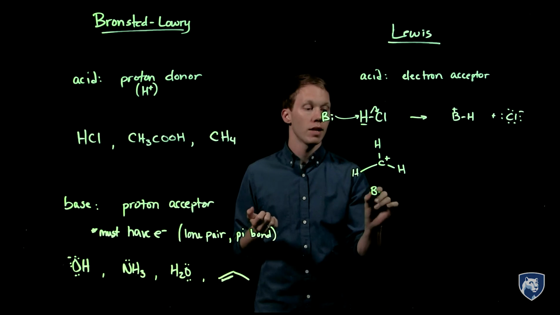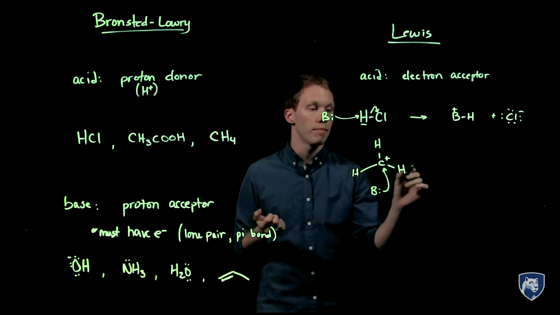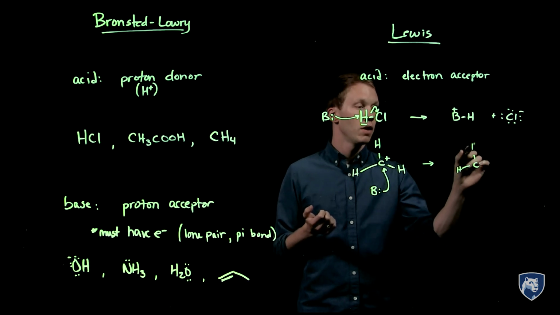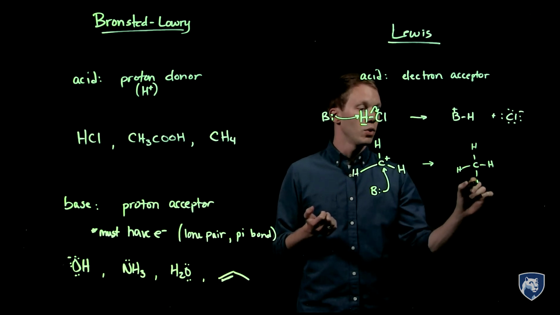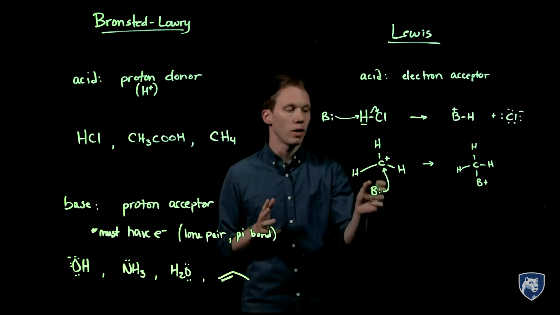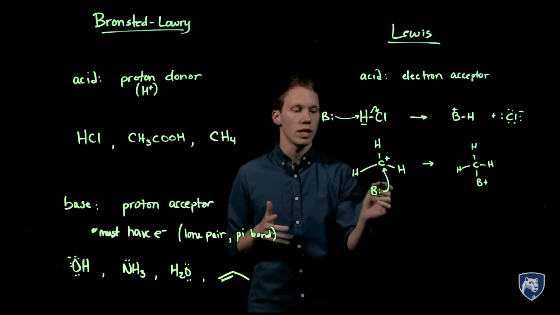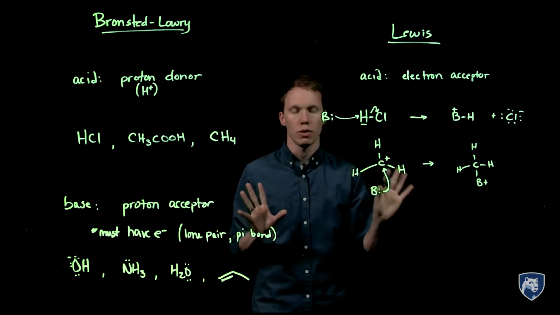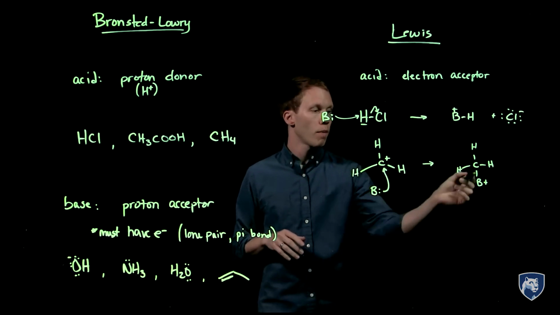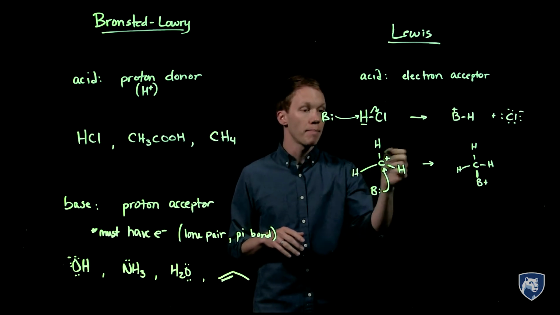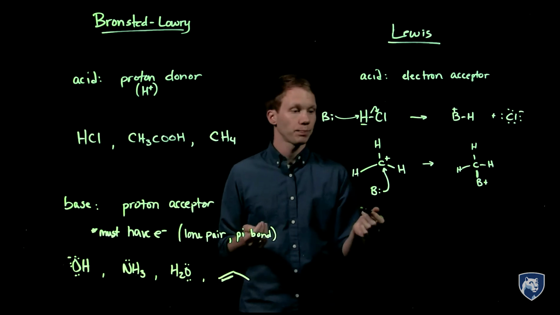So some base can donate electrons into the empty p orbital on the carbocation to give you the new bond. And depending on what B is, it may have a positive charge. If it's charged initially here, then it would be neutral. But this is the idea. So we form a new bond here. This carbon has accepted an electron pair.